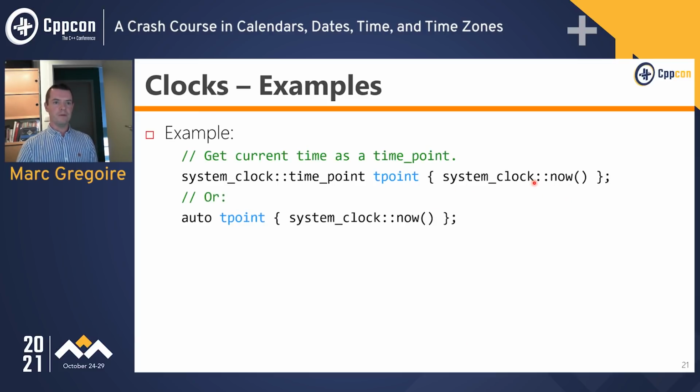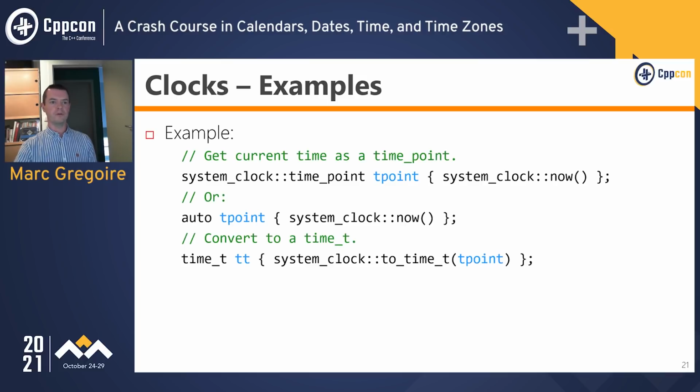Let's look at an example. Here I'm using the now member of the system clock to get the current time of the system clock, and I'm storing it in a time point called t_point. Of course, you can use auto type deduction to write this a little bit shorter. Then I'm using the to_time_t member of the system clock to convert my time point into a time_t.